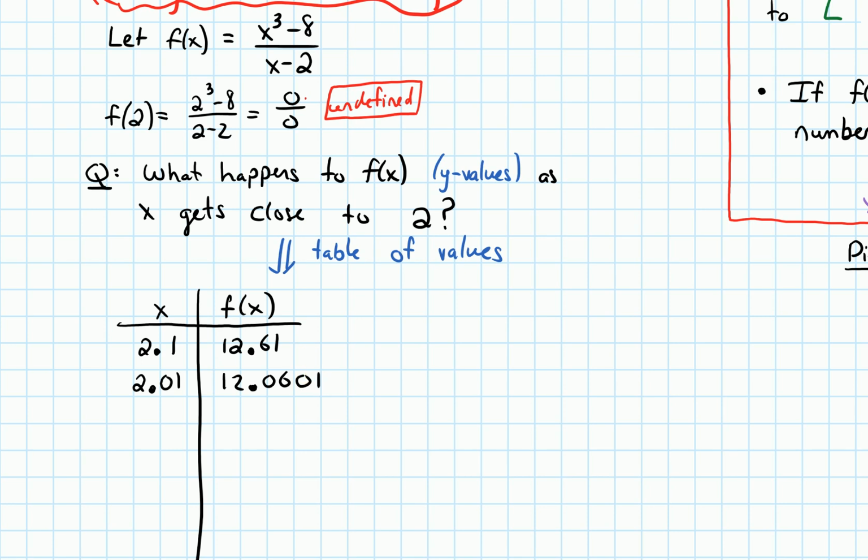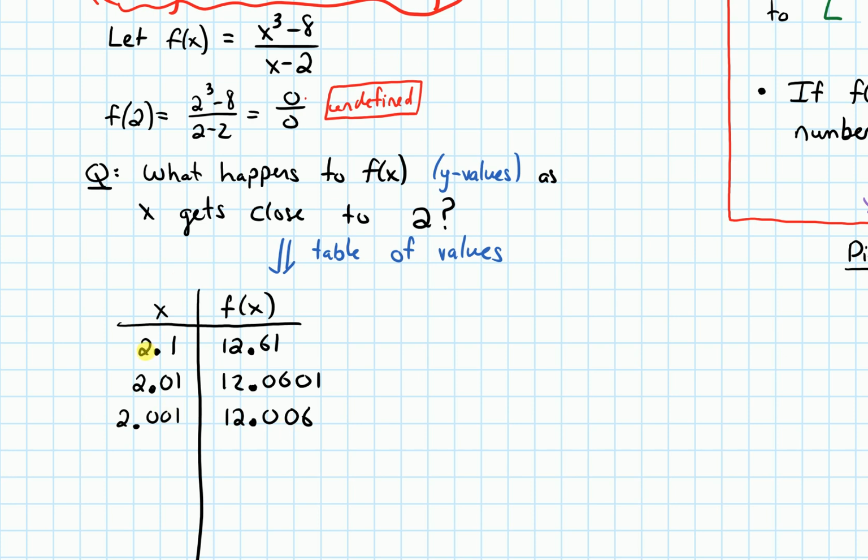At this point it seems like maybe f of x is getting really close to 12. So let's try plugging in another x value that's even closer, like 2.001. And if we do that, then we get 12.006. So at this point, we really think that it might be getting close to 12.